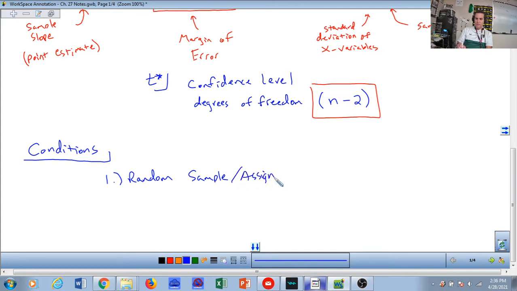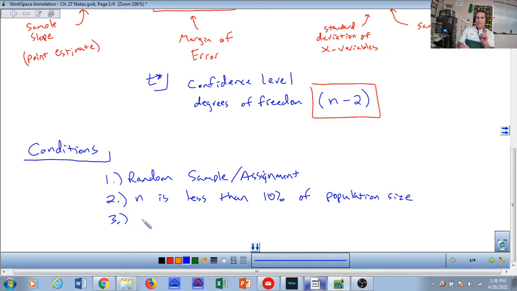I don't know if you did an experiment, but you probably didn't do an experiment. Most of this is probably a sample. And then N is less than 10%. This is to help have independence of population size.